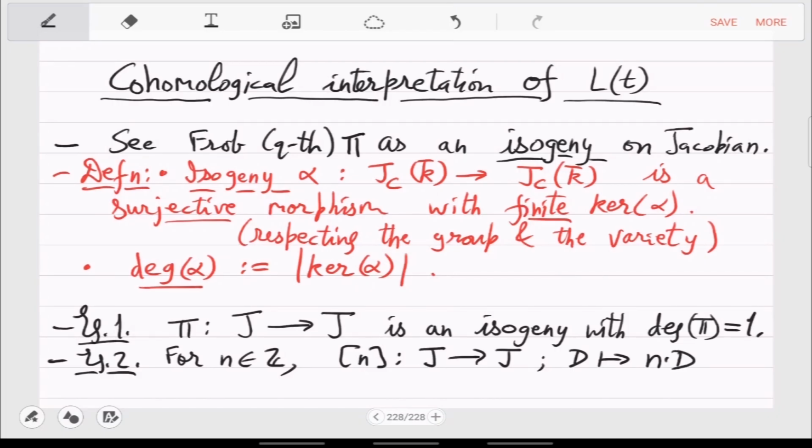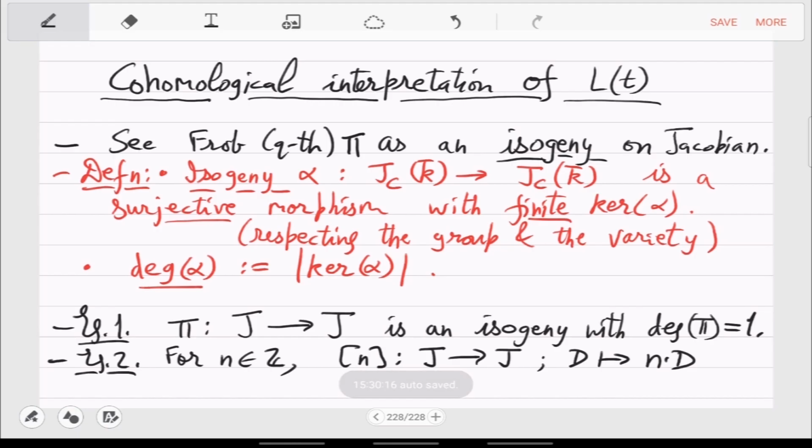Right, because J is an abelian group. So any point D, basically it's a divisor. Any divisor you can multiply by 2, 3, or even -2, -3, -1, and so on. So this is an isogeny. This respects the group structure, of course.